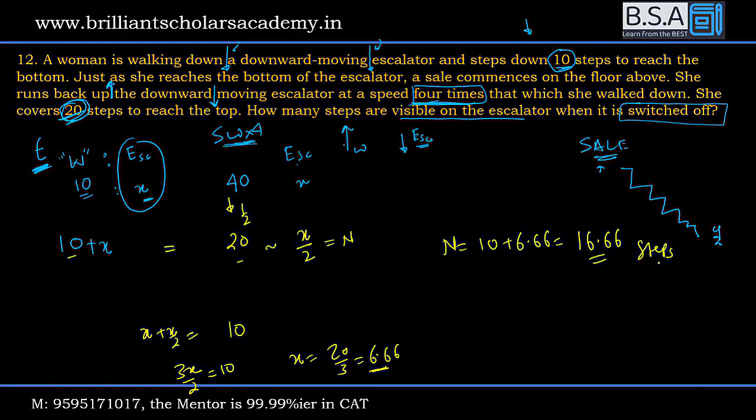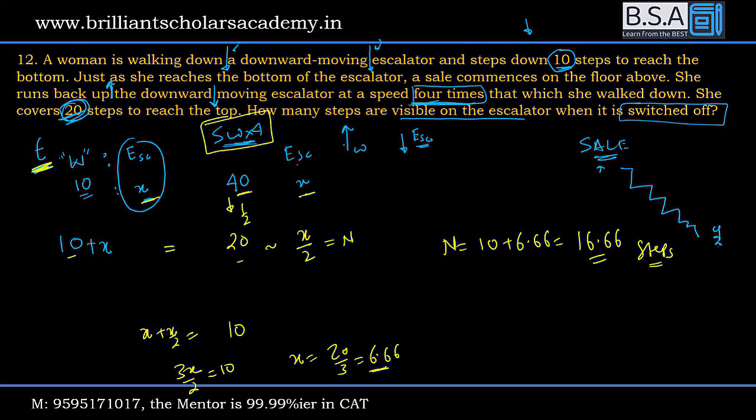In CAT, there will be better framed values, I presume that. What was I trying to show you guys? I told you everything about the escalator should be turned into steps. But notice this: if I keep the time same and I make the woman's speed 4 times, in the same time the woman will travel 40.